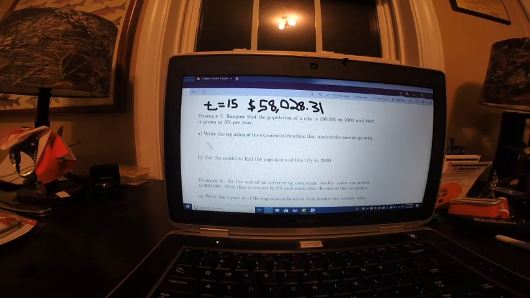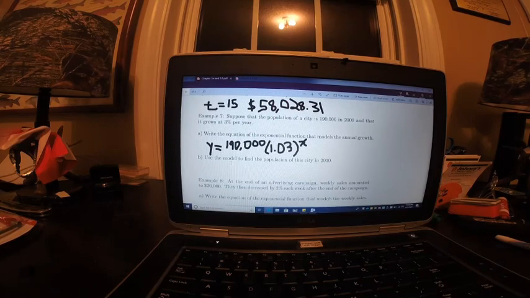So y equals our initial value, which is 190,000, times, it grows at 3% per year, so 1.03. It doesn't tell us to specifically use a t, so I'm going to use the x that we're used to using. So 1.03 is raised to the x. So the equation for part A would be y equals 190,000 times 1.03 to the x.